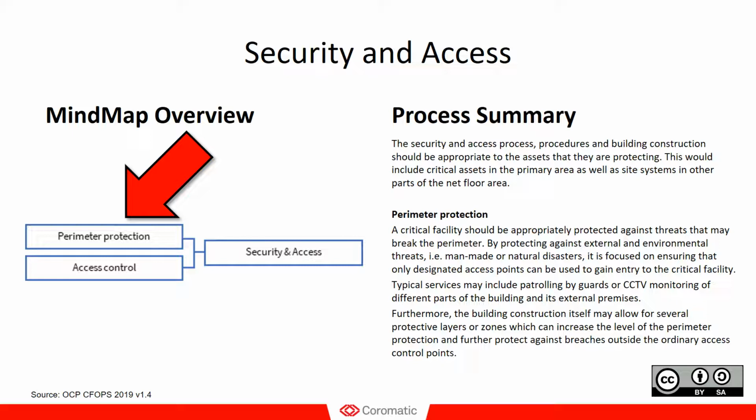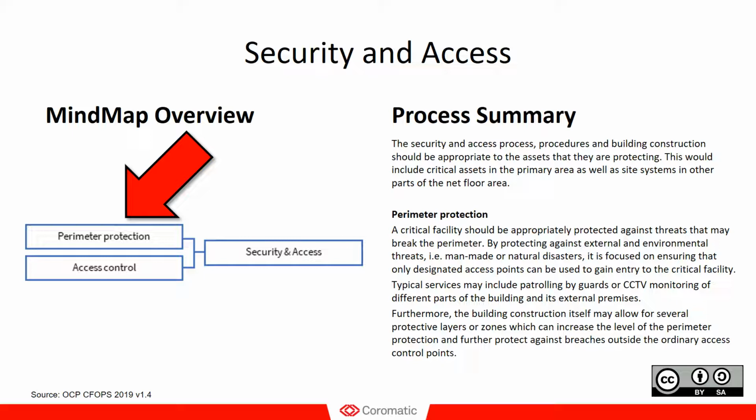The perimeter protection aims to make sure that access can only be gained through the appointed access controls, and the rest of the building or the facility is not really useful to try and break through. And it's based on passive and active measures.